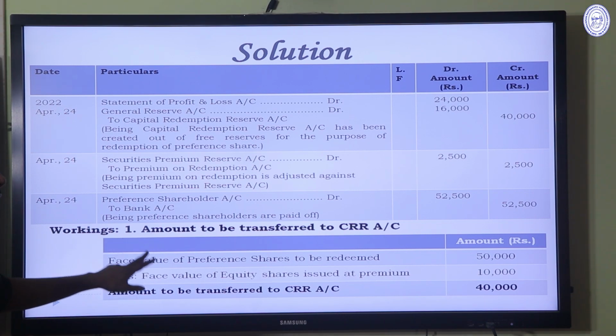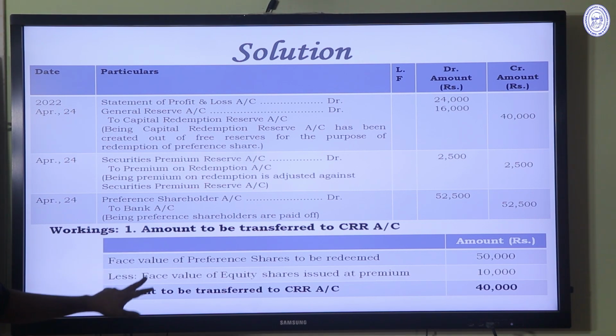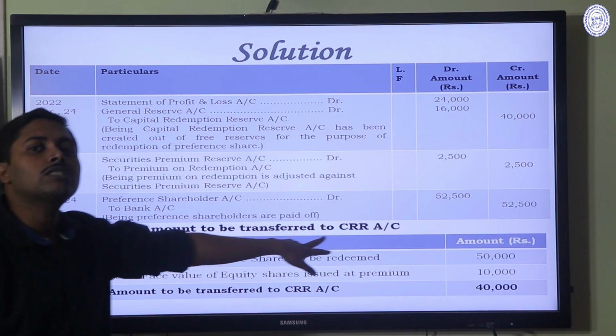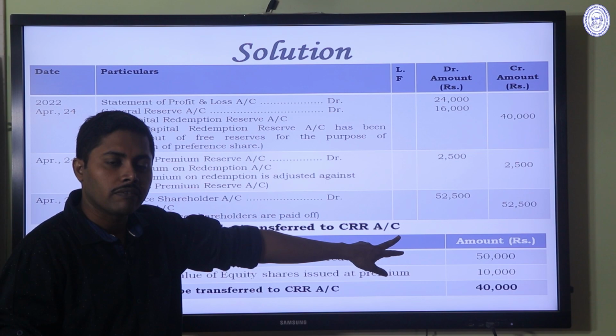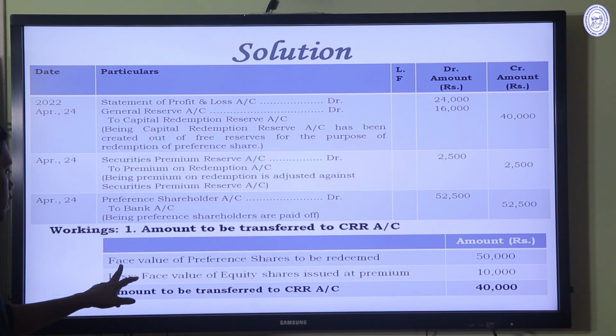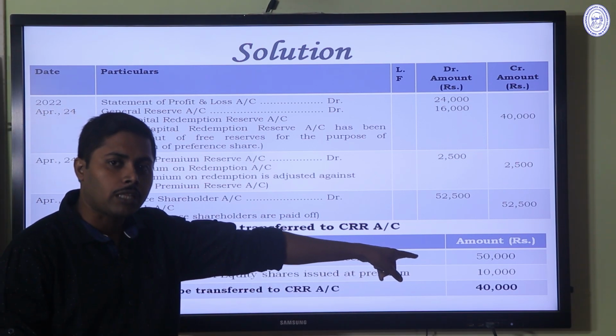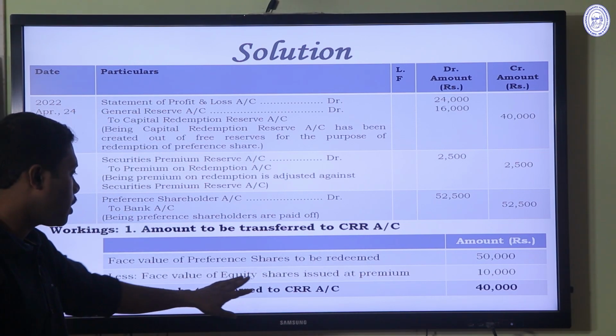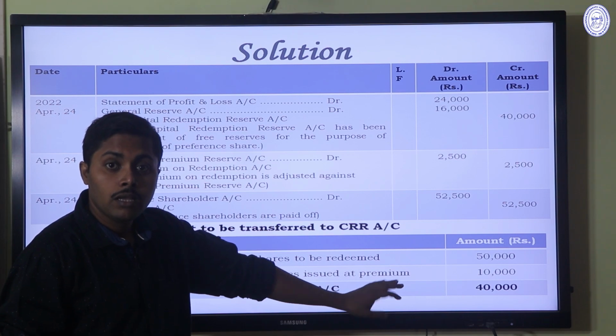For this we have to do that particular working, that is, the amount to be transferred to CRR account, that is capital redemption reserve account. Now the format is the face value of preference shares to be redeemed, 50,000, out of which you deduct the face value of equity shares issued at premium.